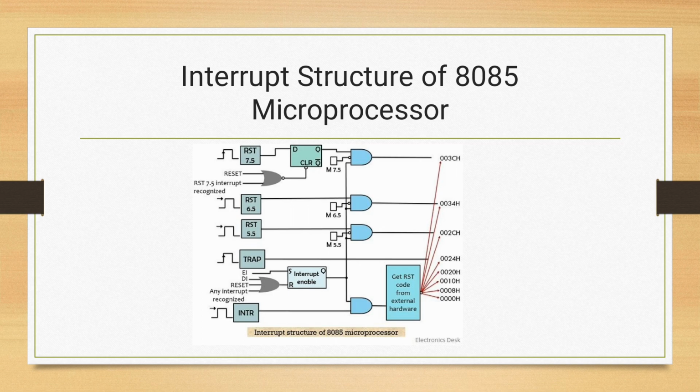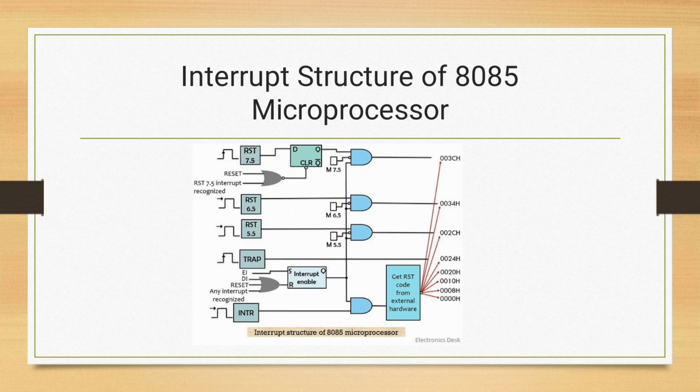Since it is edge sensitive, you require a flip-flop to store the information. If it is level sensitive, you don't require any flip-flop for storing information. In case of RST 6.5, 5.5 and INTR, they don't require any flip-flop because they are level sensitive.